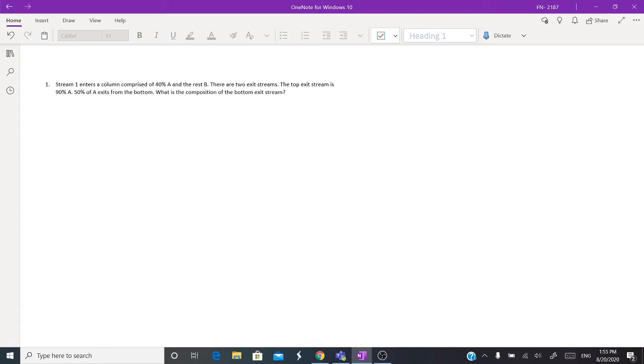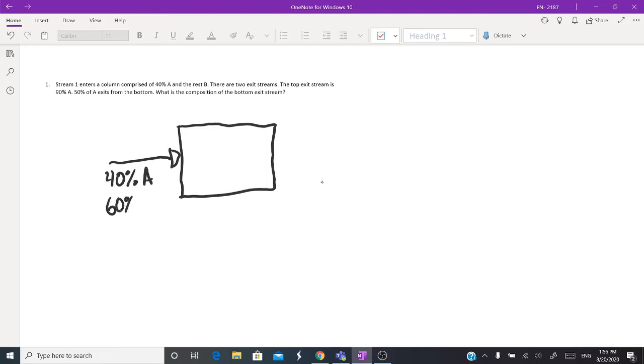The first thing that we need to do is draw it out because it will help us visualize. I know this is a basic one, but the more often we draw it out, the more it will be ingrained in our head to do it each time. So there's a stream that enters, stream 1, and it has 40% A, and then it would be 60% B. We have two exit streams.